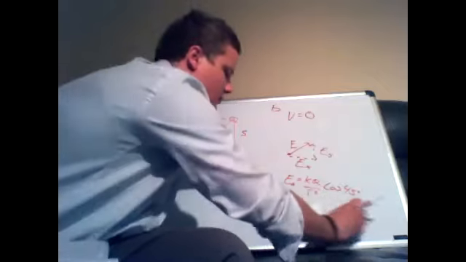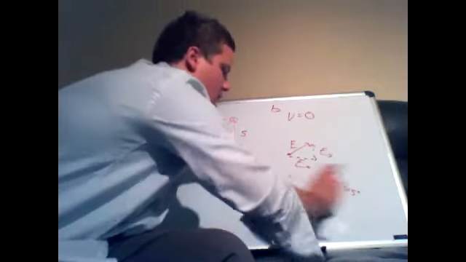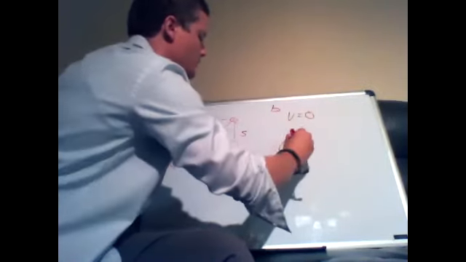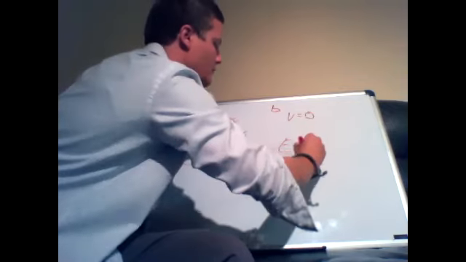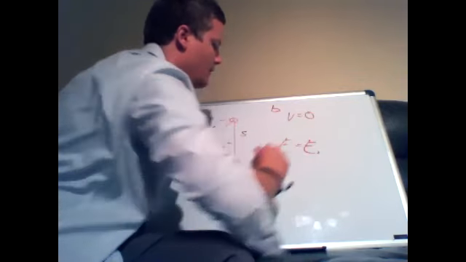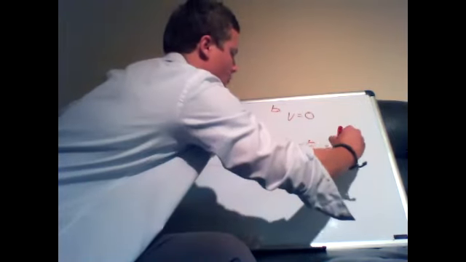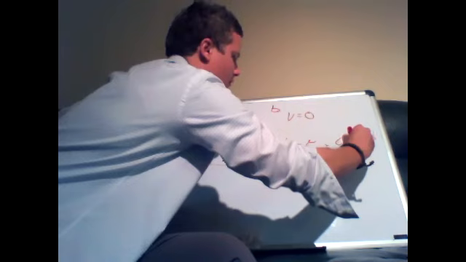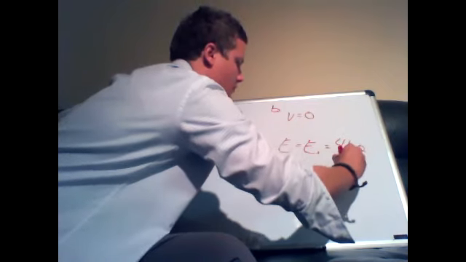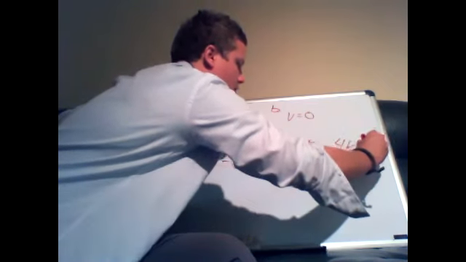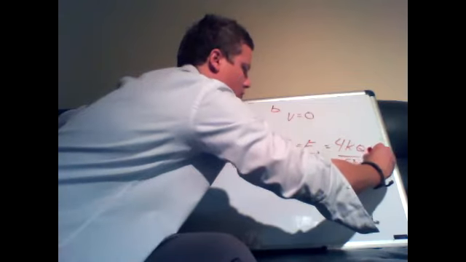So therefore, my answer is going to be E, the electric field, is equal to E_x, because we have no electric field in the Y direction. And that's equal to 4 times K times Q over R squared times square root of 2 over 2.